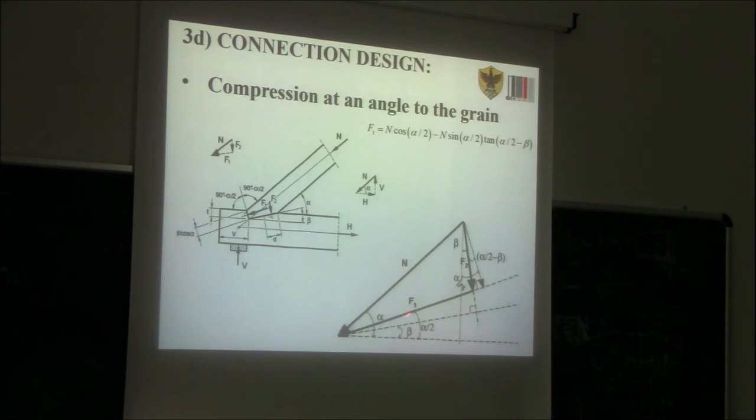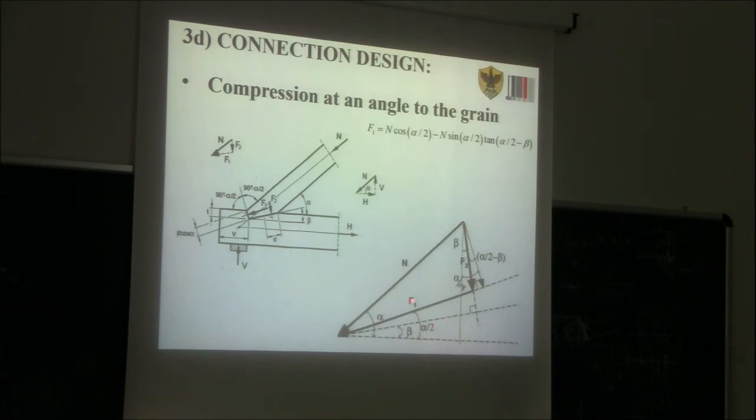Now, F1, how can we calculate F1? So F1 is the compression force acting perpendicular to this notch here. And this notch here is inclined by 15 degrees with respect to the vertical axis. So, to calculate F1, you see, if you consider this triangle here, this is a rectangular triangle.